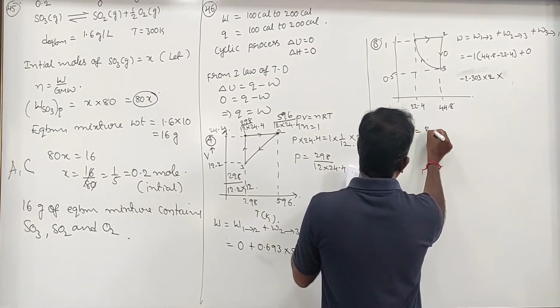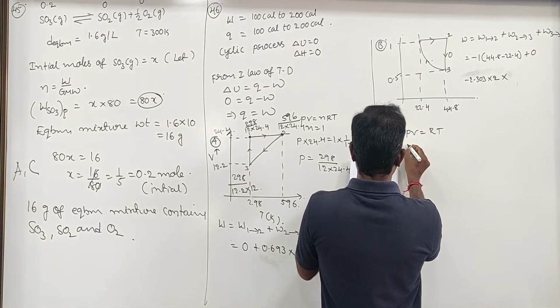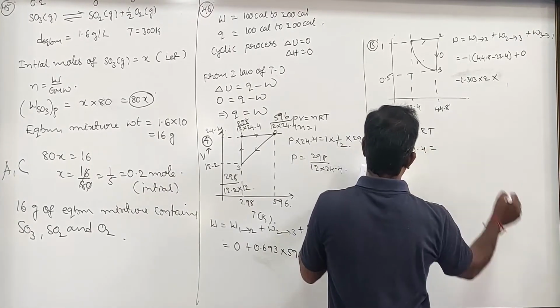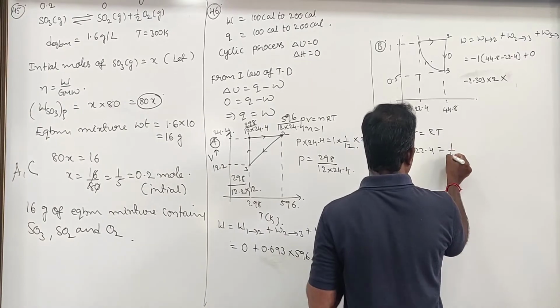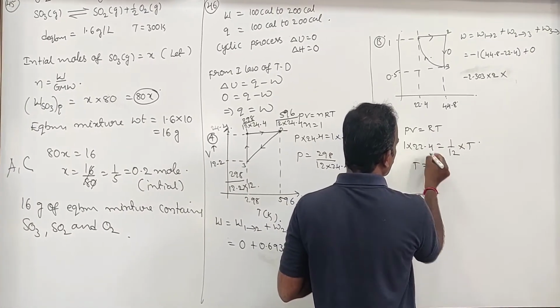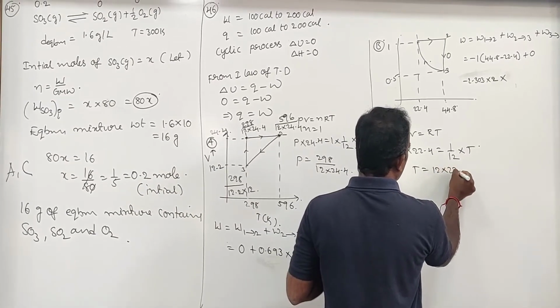PV is equal to R into T for 1 mole. Pressure is equal to how much? 1. Volume is 22.4, that is equal to, here I have to substitute 1 divided by 12 into T. Therefore, T is equal to 12 into 22.4.